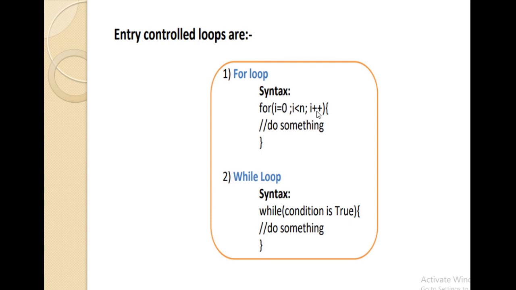Then updation or modification, i plus plus, increment or decrement, you can give in the third part. Even if you don't want to initialize or give a termination condition, it is compulsory to use two semicolons in a for loop, and according to this the printf statement will be printed.